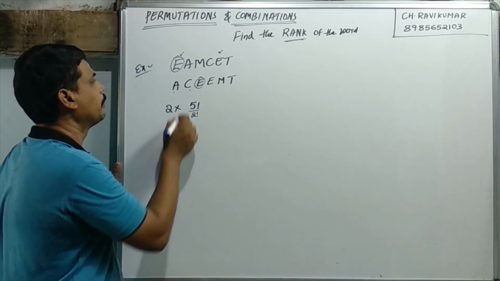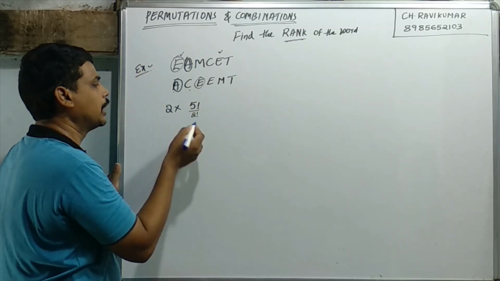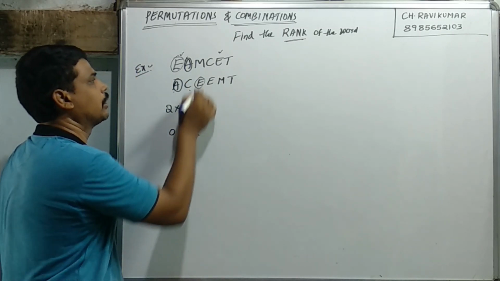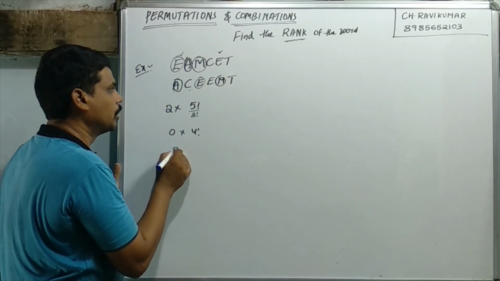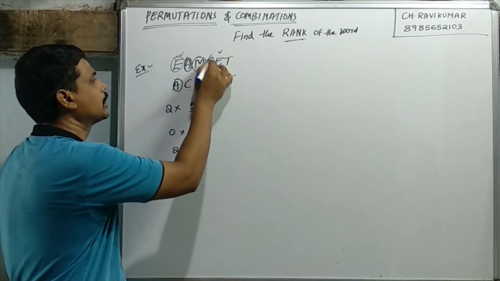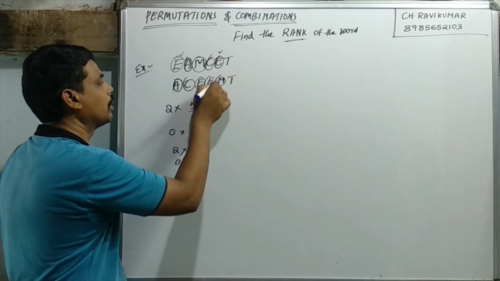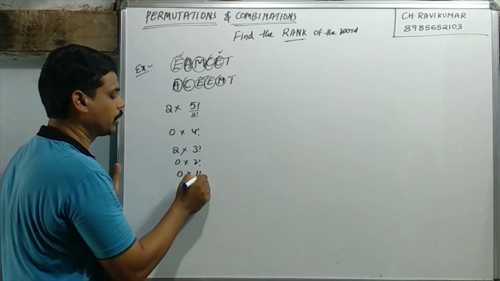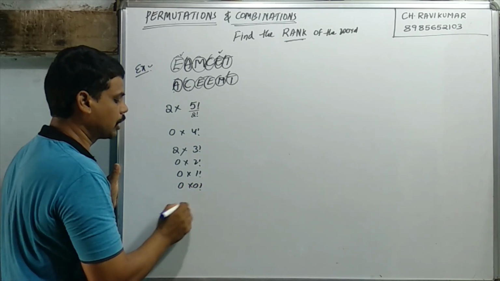After that, E is over. A: there is nothing before it, so 4 factorial. After that, M: before it 2 letters are there, so 2 into 3 factorial. C: before it there is nothing, 2 factorial. E: before it nothing, 0 into 1 factorial. T: before it also nothing, so lastly you put 1.